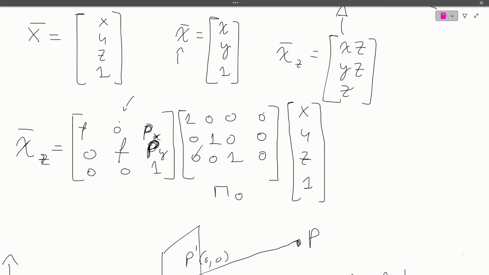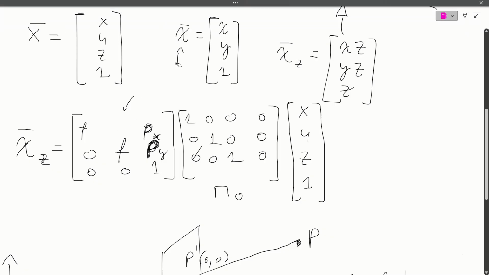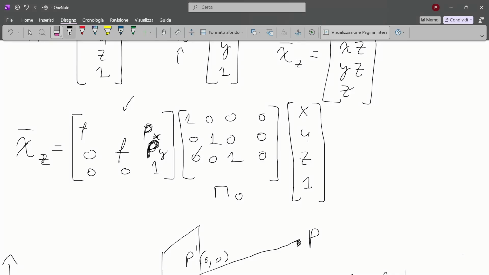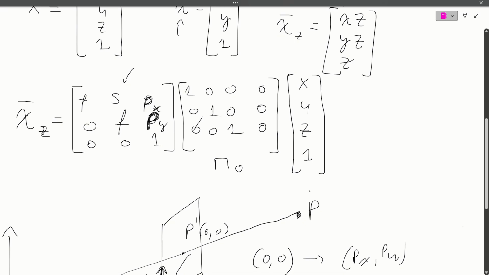It's called s. So this is the situation. We can call this matrix Kf.